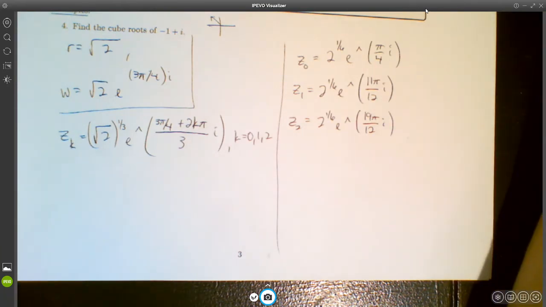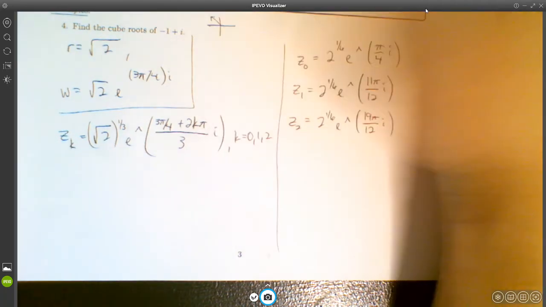Okay, 19 pi over 12 I. So those are the cube roots of negative 1 plus I.